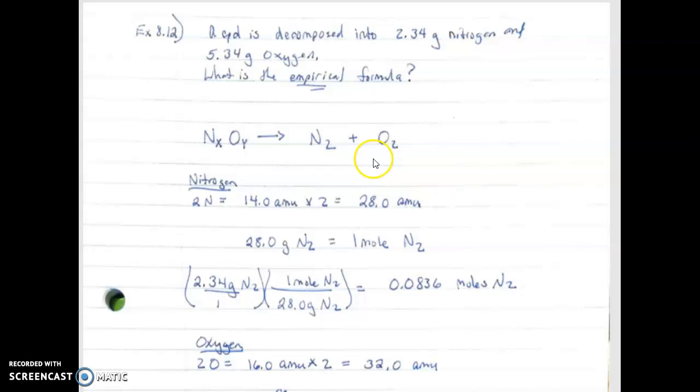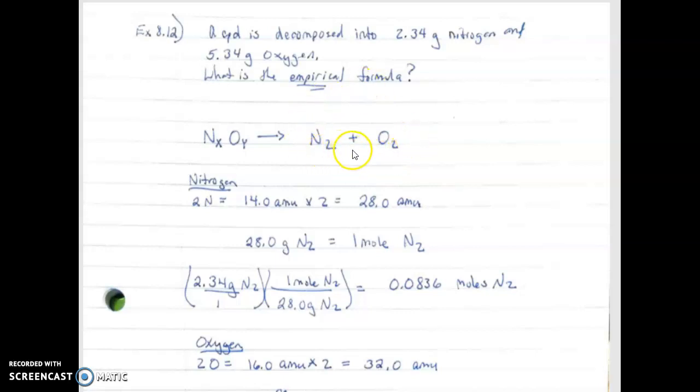So when they're written in an equation like this, we have 2 atoms of nitrogen linked together to form nitrogen, and 2 atoms of oxygen bonded together to form oxygen. So this is the chemical reaction that was run in this experiment. And we know that when we ran the experiment, there was 2.34 grams of nitrogen and 5.34 grams of oxygen.